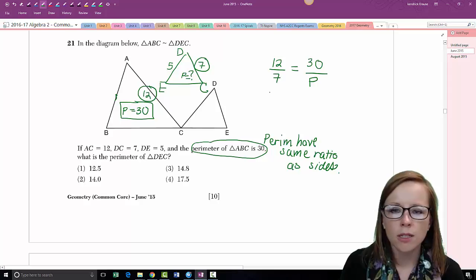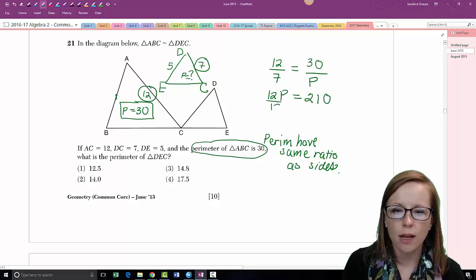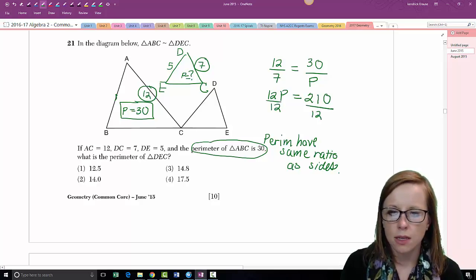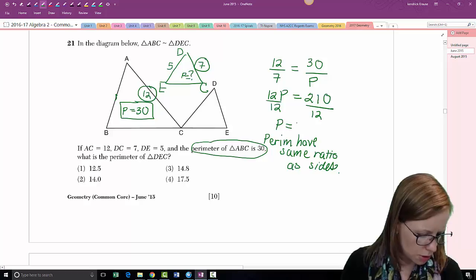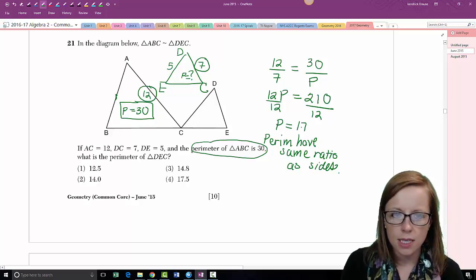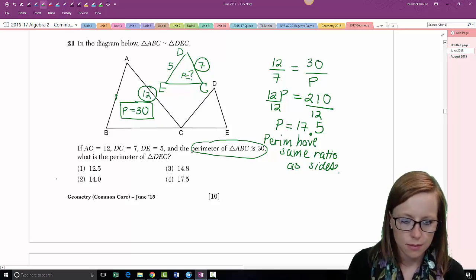Favorite thing in the whole world, cross multiply. 12p is equal to 210. Divide by 12. And p is equal to 17.5. So choice 4.